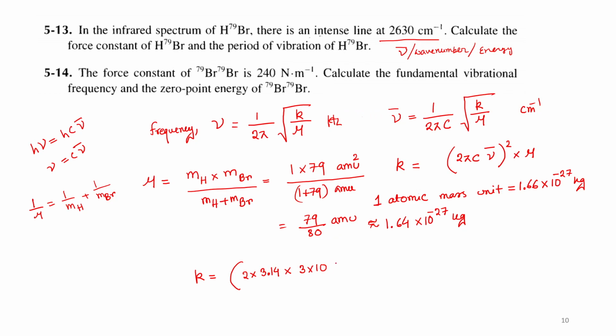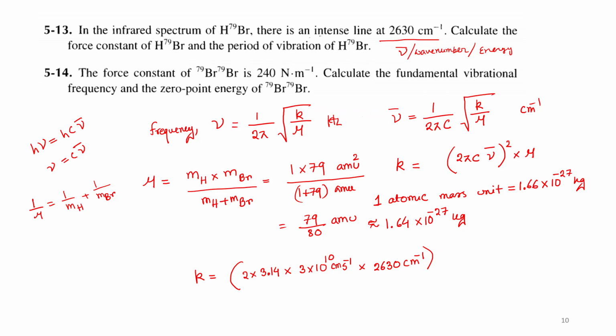I can take it in meter as well as centimeter, but I know that here already it is 2630, which is my wave number, already in centimeter inverse. So I will take it in centimeter unit, centimeter second inverse, so that I can get rid of this easily. Or you can do whatever you want, but then your calculation will become a little tedious.